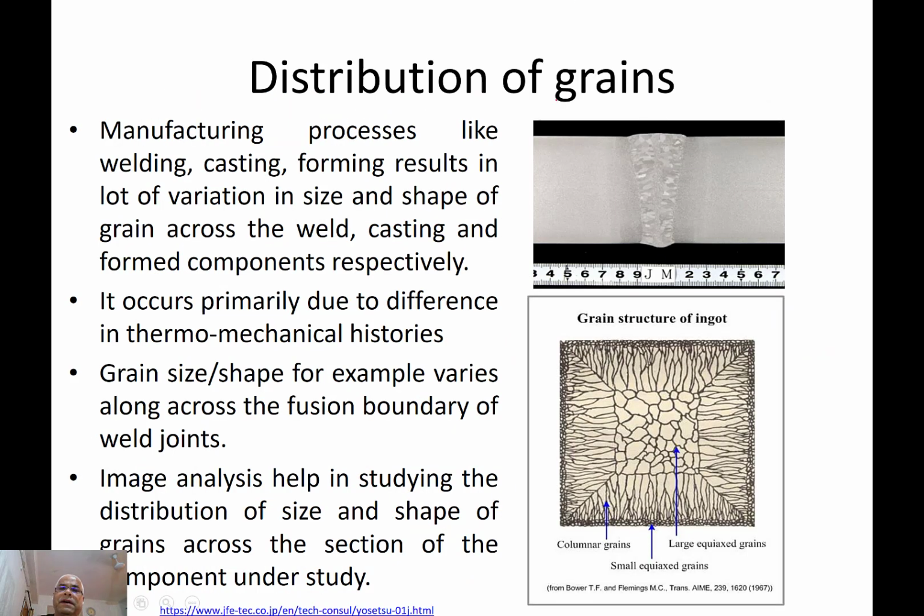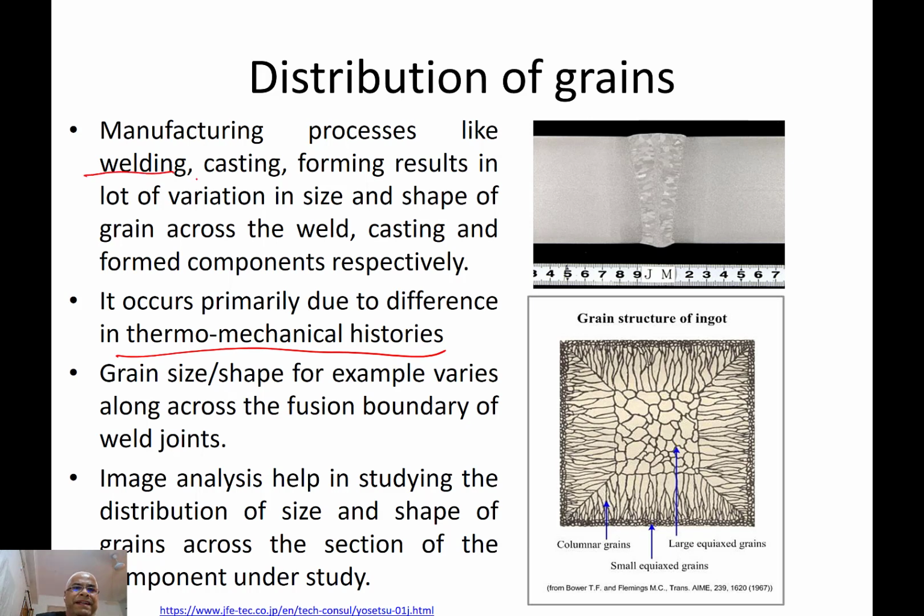The size distribution of the grains can also vary significantly, and that change in the metallic component is primarily observed due to the difference in the thermomechanical histories experienced by them during the manufacturing processes.